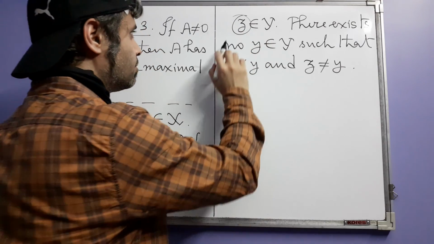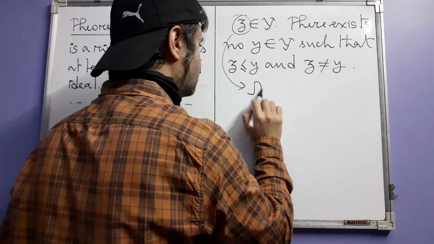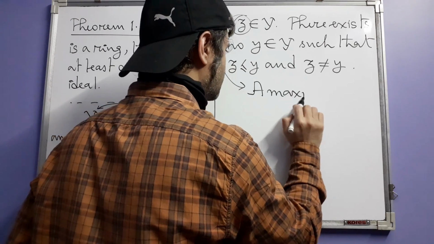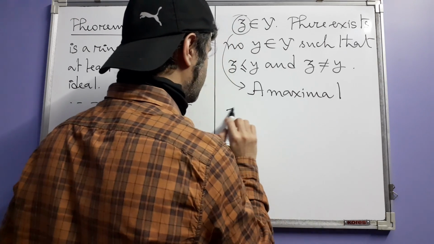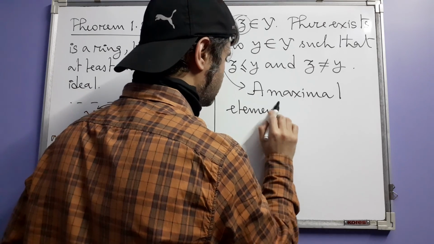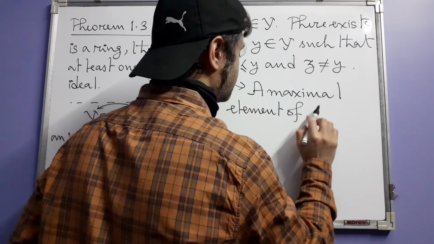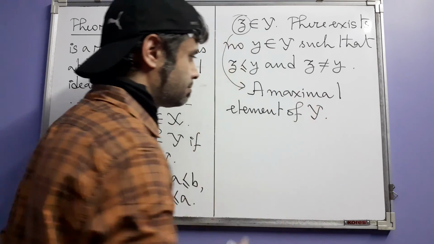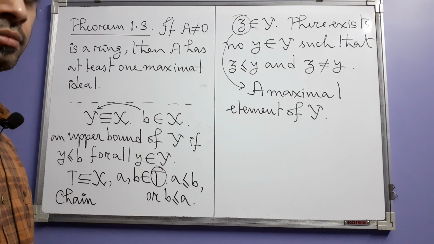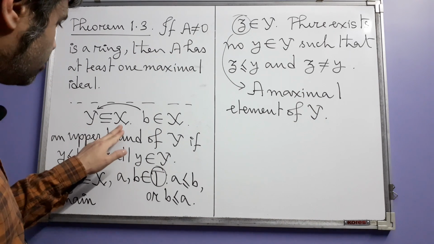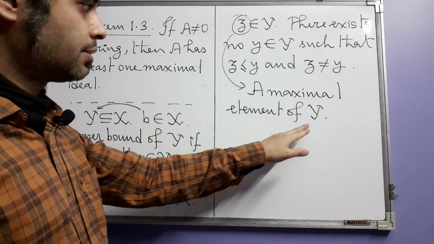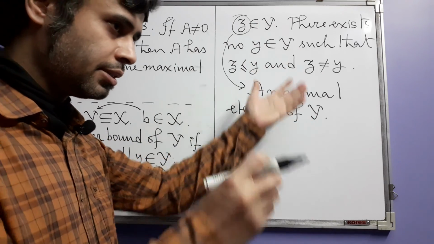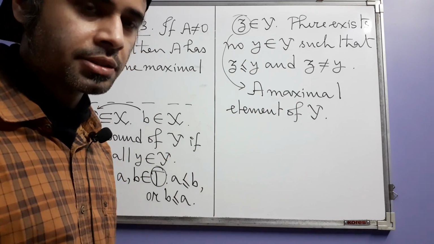If so, then this is called a maximal element of Y. This Y may actually be equal to X. In that case, you get a maximal element in the entire partially ordered set.